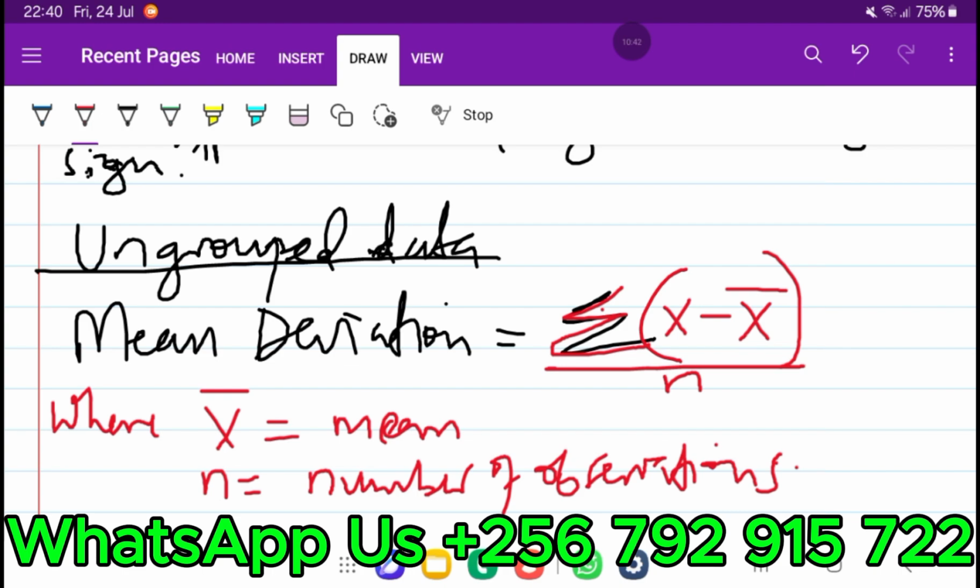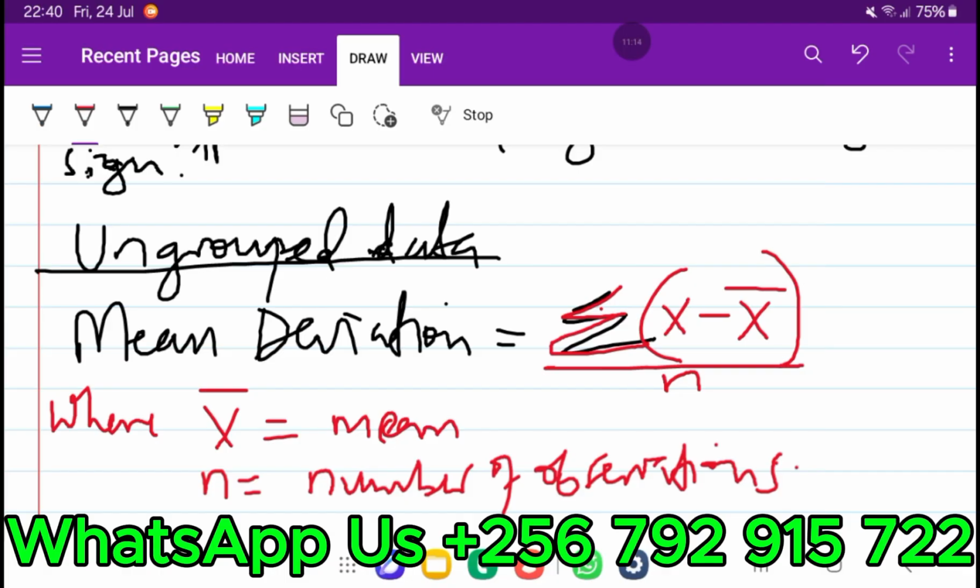The x minus the mean here represents the absolute difference. So that's the formula especially if you are dealing with a data set that is ungrouped.